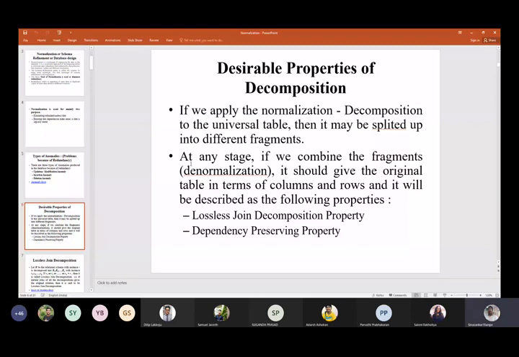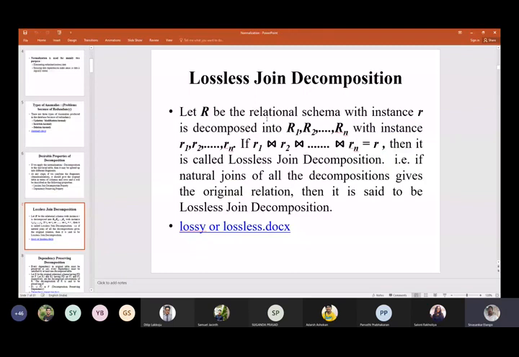So let R be a relation schema with instance R. It is decomposed into R1, R2, Rn with instances R1, R2 till Rn. If the natural join of the decomposed relations gives you back the original relation R, then it is called lossless join decomposition, right?